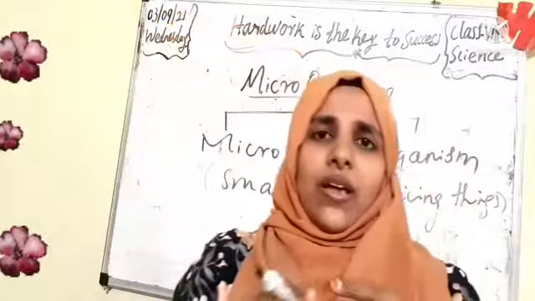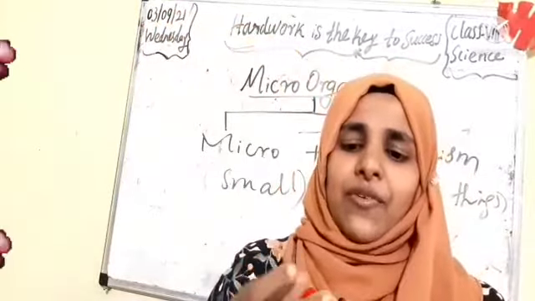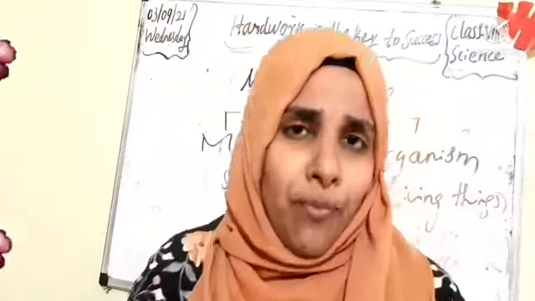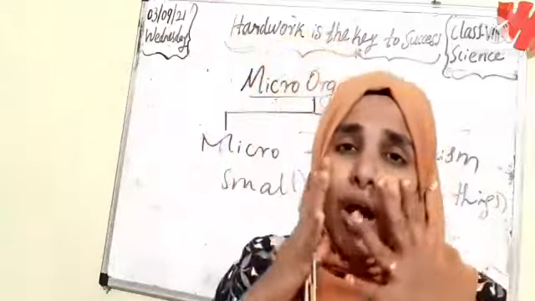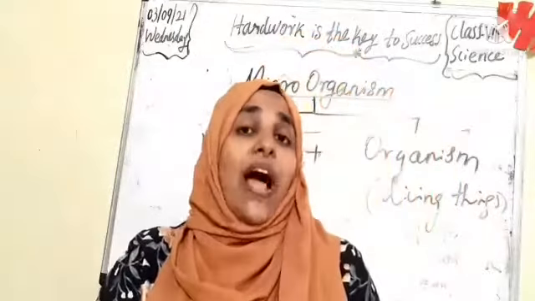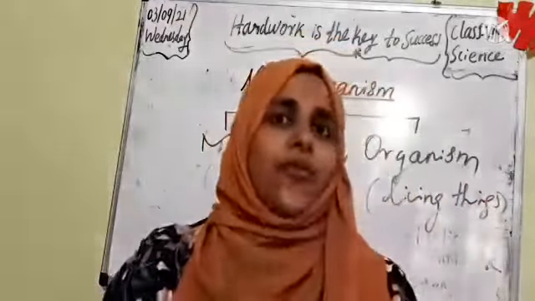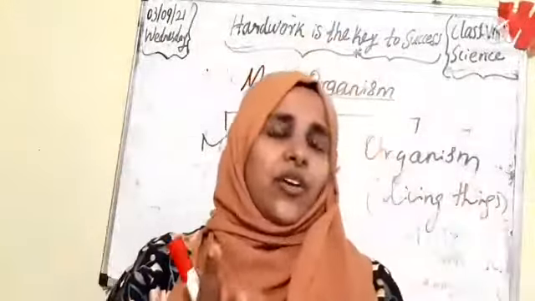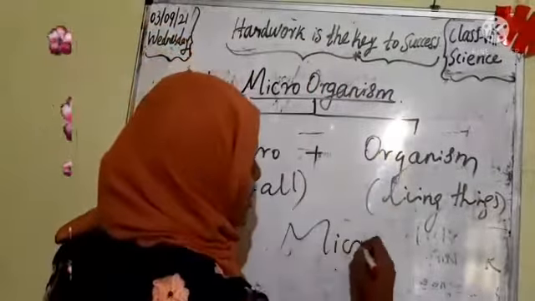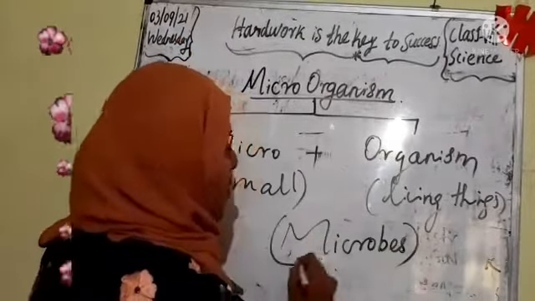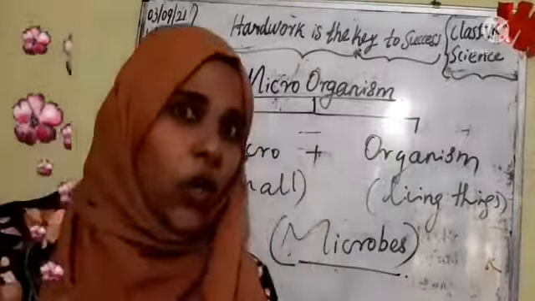In our environment or in our world, we can see a lot of microorganisms that we cannot see through our naked eyes. We have to use a microscope for checking the microorganisms or microbes. Another name of microorganism is microbes.